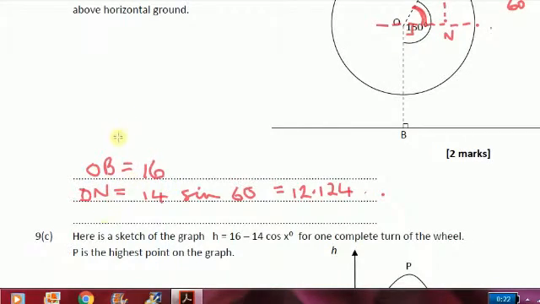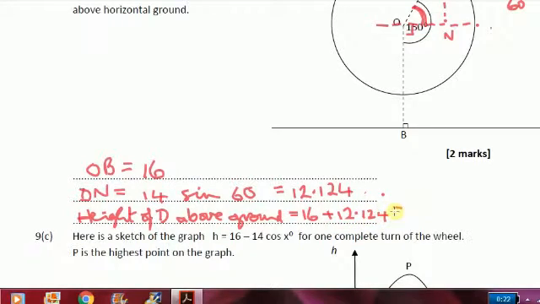If you look at the diagram, then the height of D above the ground is equal to 16, which is OB, to the center of the circle, and then plus 12.124, which gives me together 28, I'll just say 28.1 meters to 3 significant figures.